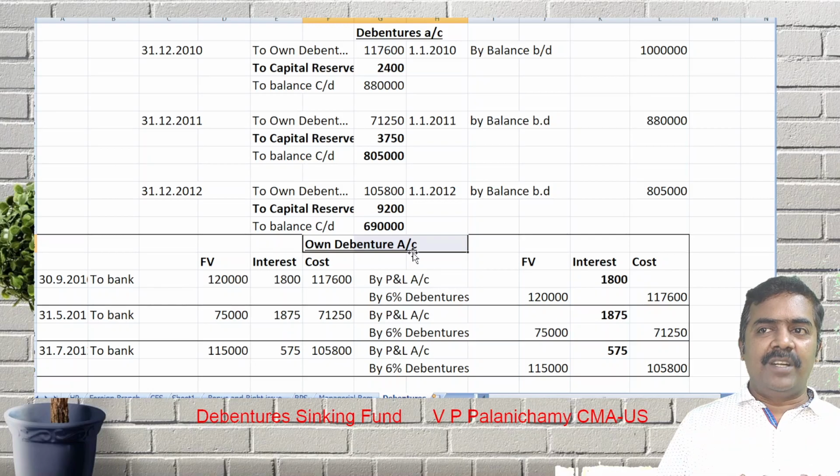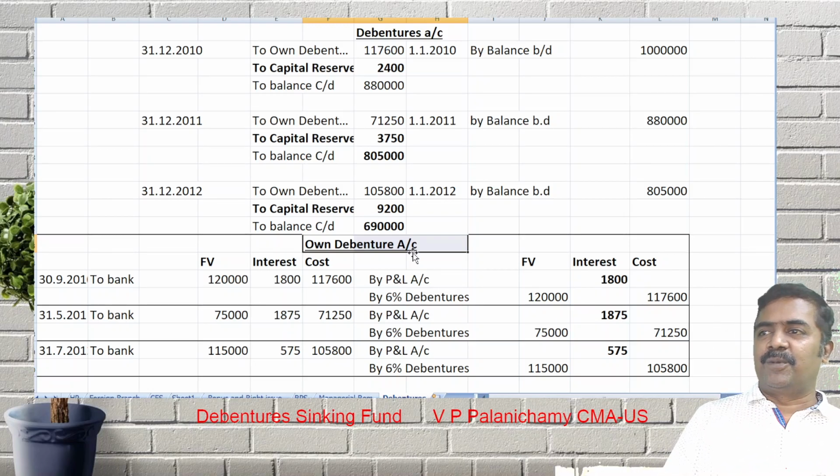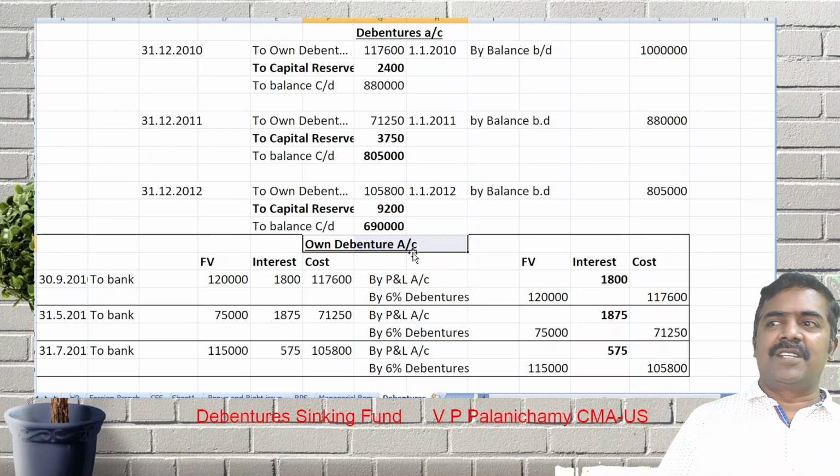Wait, we have our own debentures, and we would have invested in them. Normally there will be a debenture redemption fund investment. You will have a debenture redemption reserve investment as well as own debentures.